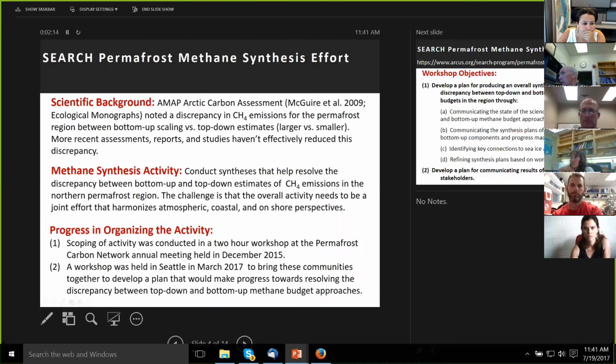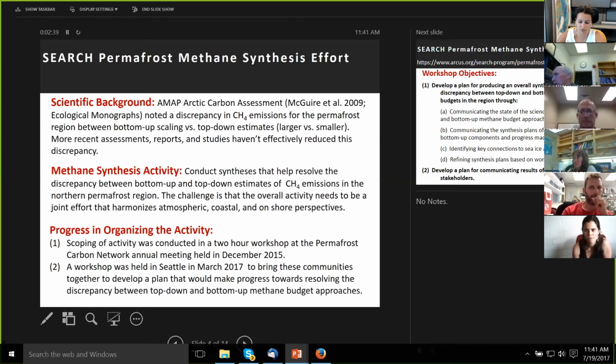Okay. So a little bit of background on the methane synthesis effort. The AMAP Arctic Carbon Assessment, which I led back in the late 2000s, noted a discrepancy in methane emissions for the permafrost region between bottom-up scaling and top-down estimates.